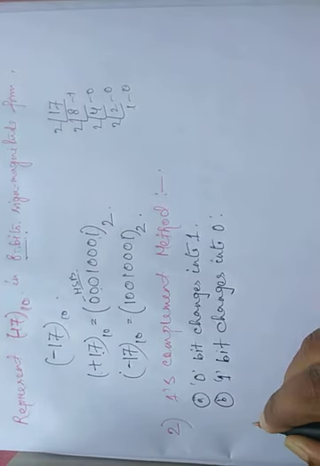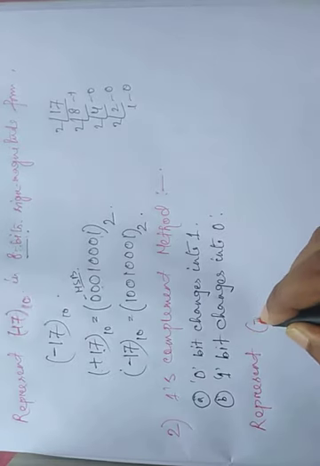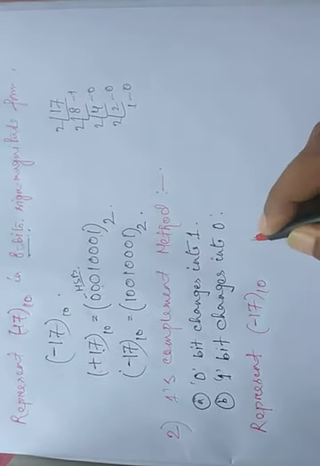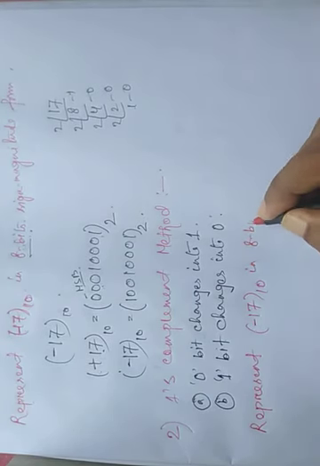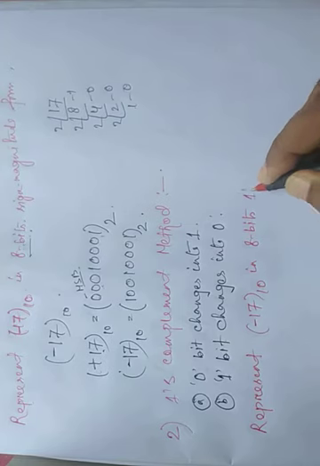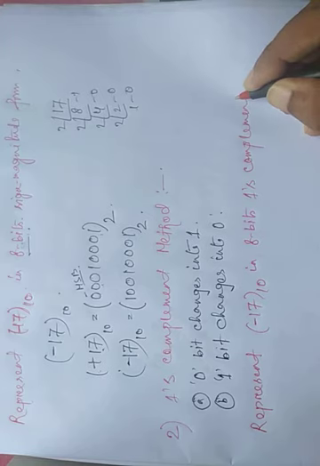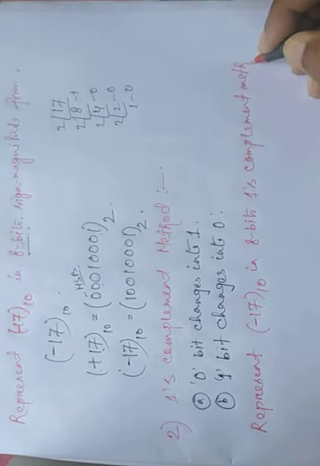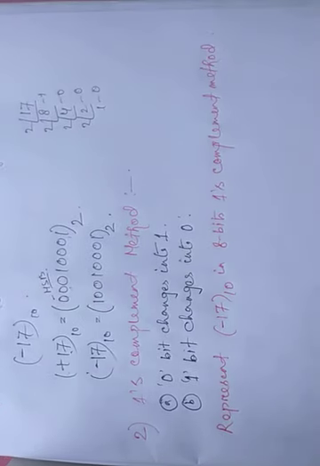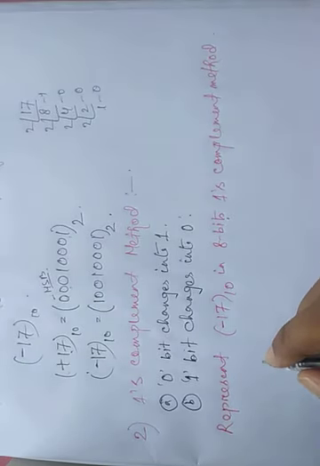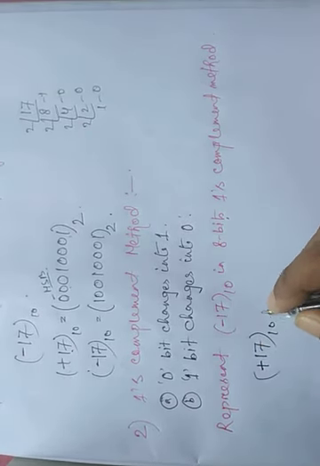So our question will be, represent minus 17 (base 10) in 8 bits 1's complement method. Okay, it is very easy. So for 8-bit the rules are the same. That means at first we have to find out plus 17 in 8-bit.